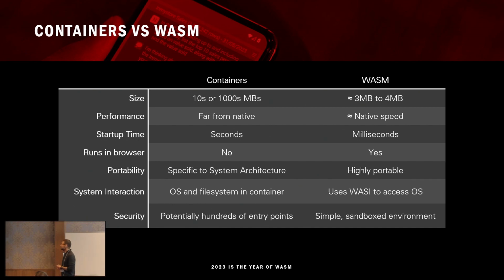Tiny in comparison. And so in terms of performance, for a container, it's far from native performance. You've got quite a lot of architecture that's sitting between your application and the hardware that it's running on. With WebAssembly, we saw with the Photoshop example, the difference between compiling it and running it directly on the machine is negligible.